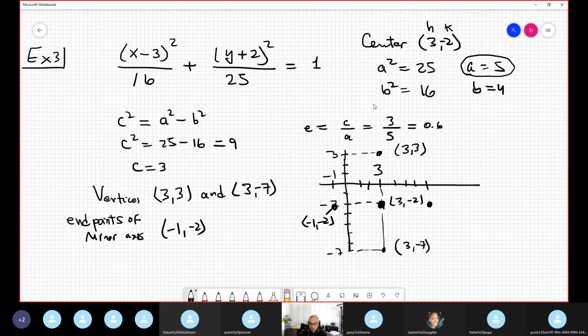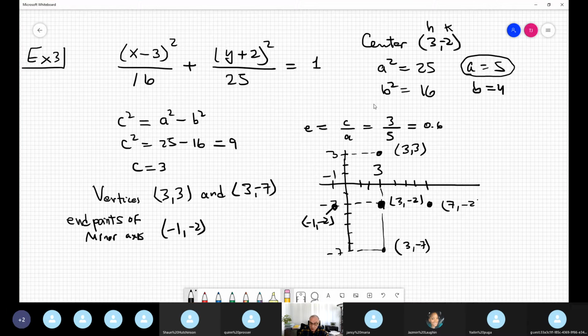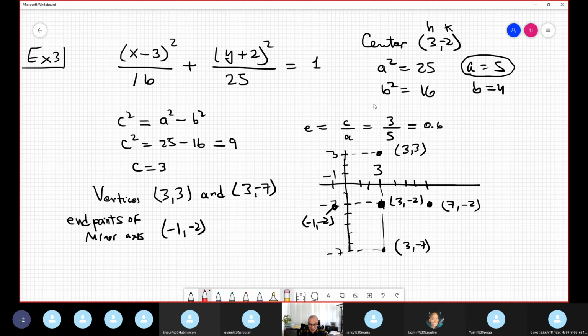Because the HK component stays the same, with the more horizontal, and you decreasing and increasing. So this would be 7, no? Yeah, 7. 7, negative 2, no? Because it's 3 plus 4, 7, and 3 minus 4 is negative 1. Okay, so our ellipse look like that, something like that.